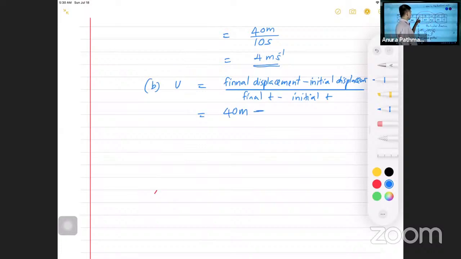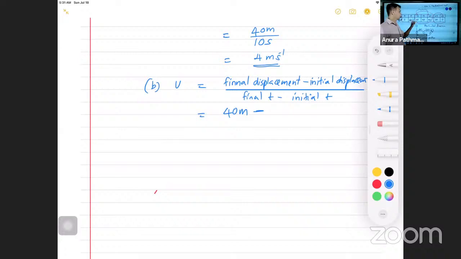The initial one is the initial of the particular period we consider, not the 0 one. So 10 to 20: the initial one is here, and the final one is here in that period.